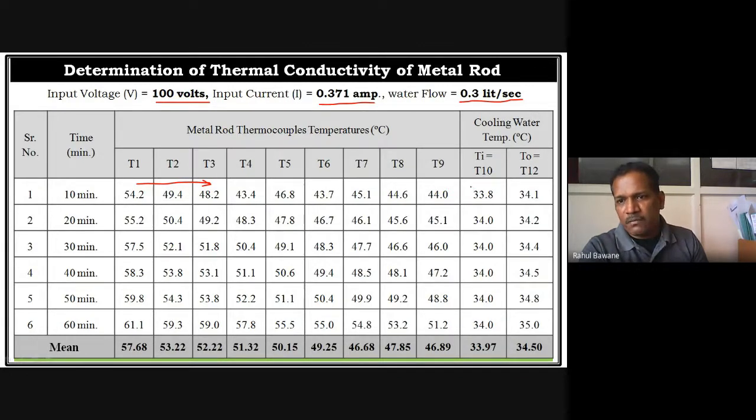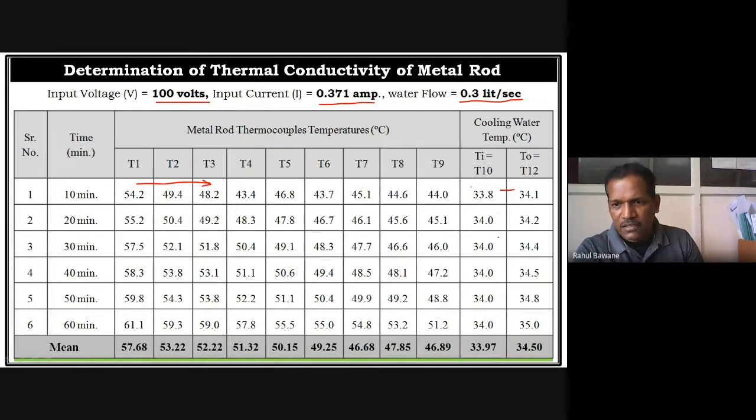T10 water inlet temperature is 33.8 and water outlet temperature is 34.1. This temperature difference depends on how much flow rate you kept there. If the flow rate is higher, the temperature difference will be very small or negligible. So for that we have to maintain 0.3 liter per second. Likewise, I noted down 6 readings.